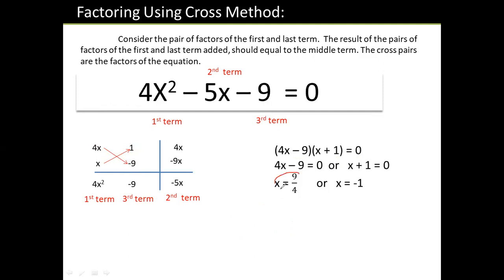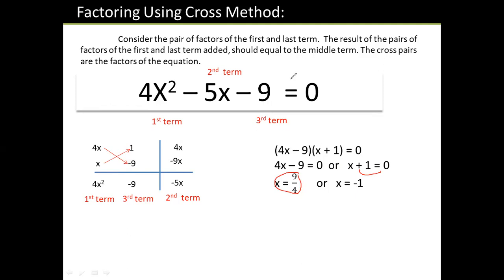Okay, so that is why you get this one. Or x plus 1 equals 0. So we transpose this one. So we get x equals -1. Okay, remember, you cannot get any other pairs except that you must get the second term. Okay, so first term, third term, factor out so that you can get the second term.